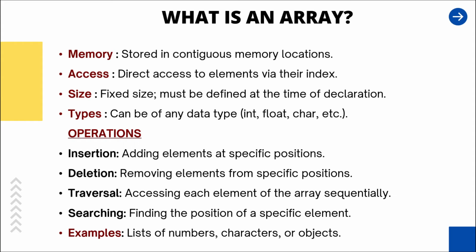In an array, we already talked about the address and the location tags. Using those array locations, we can do these operations speedily, as I have described. As examples, we can see a list of numbers, characters or objects. As I already mentioned, the types can be any type, so we can store anything in an array.